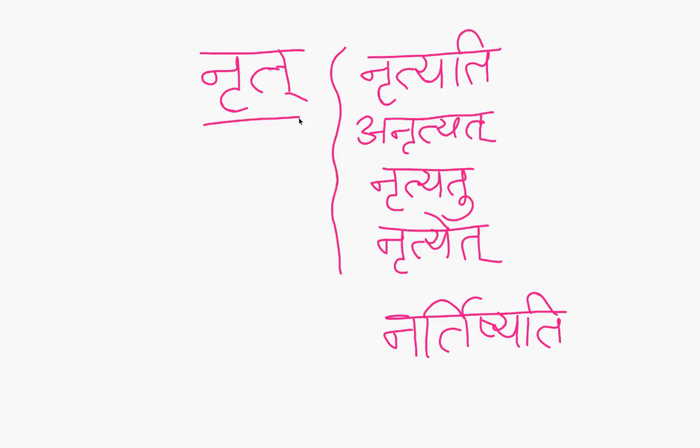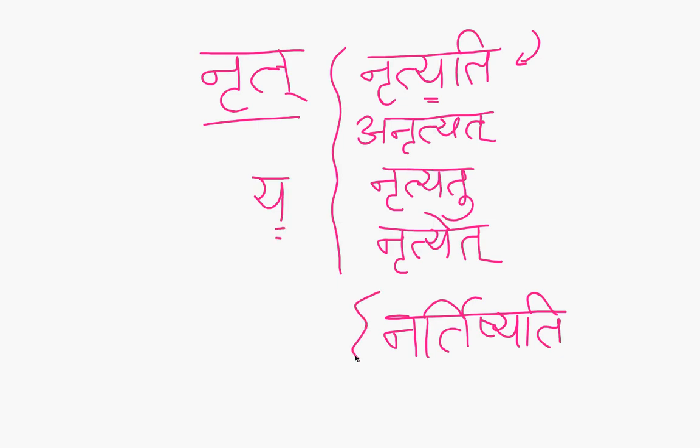Nrit is the dhatu, and in Nrityati, in this case, ya is added. This ya is the Vikarana Pratyaya here. Nrit plus ya plus ti, Nrityati. Nrityat, Nrityatu, Nrityat. Everywhere ya comes after Nrit dhatu.